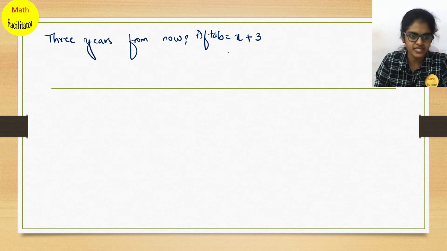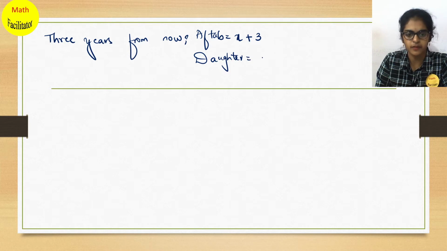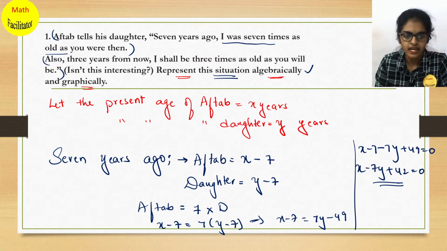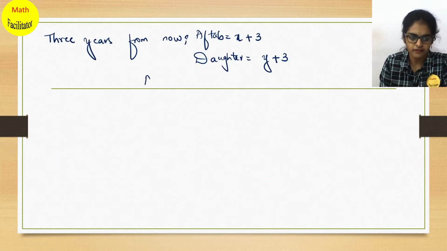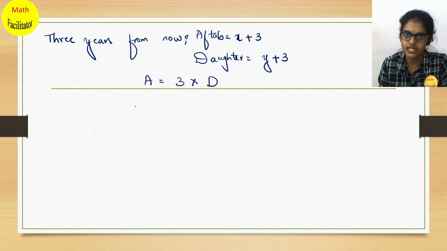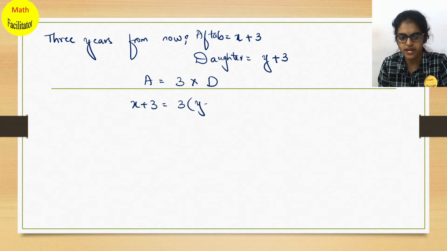The daughter's age 3 years from now, with present age Y, is Y plus 3. So what is the condition given? I shall be 3 times as old as you. So Aftab's age will be 3 times, times means multiplication, the daughter's age. So Aftab is X plus 3, and the daughter is 3 times Y plus 3.